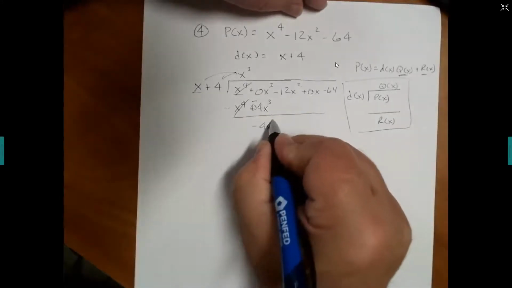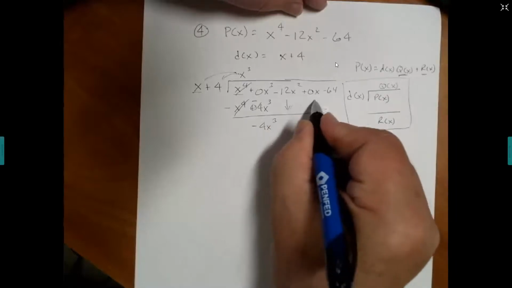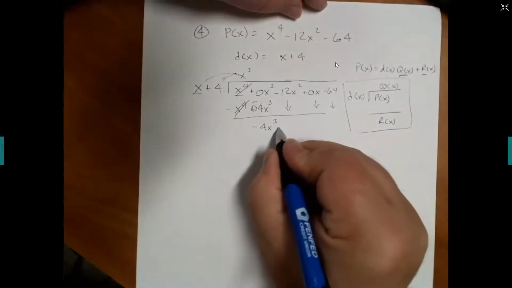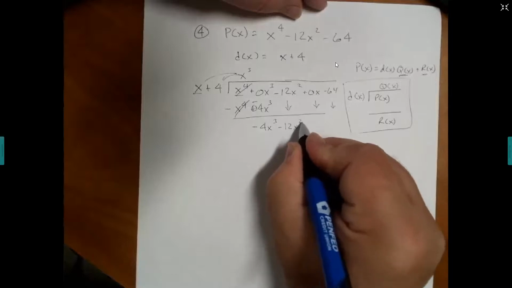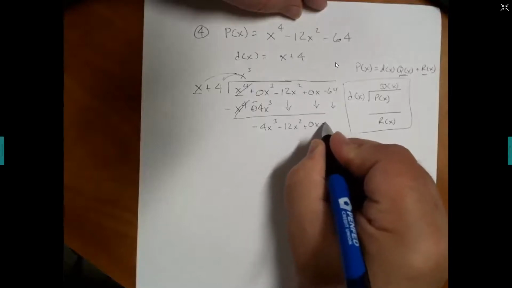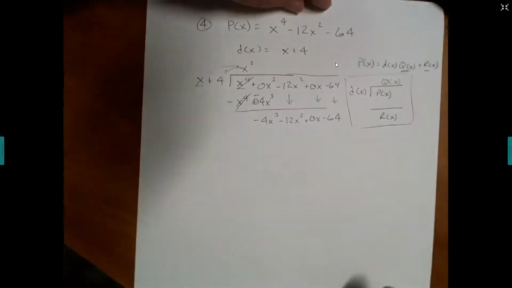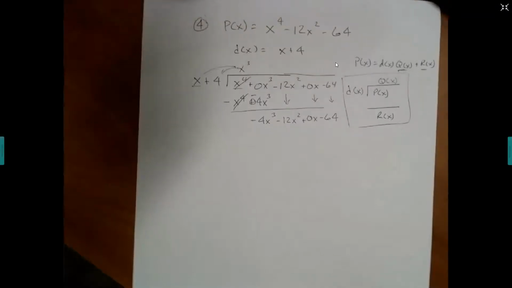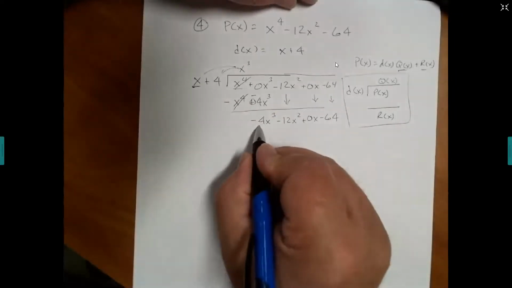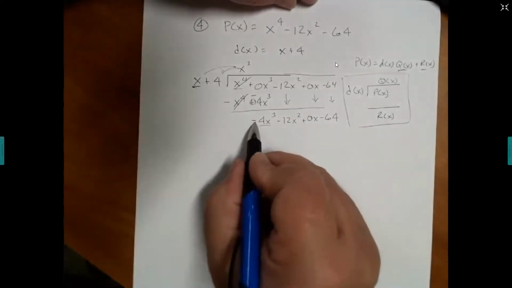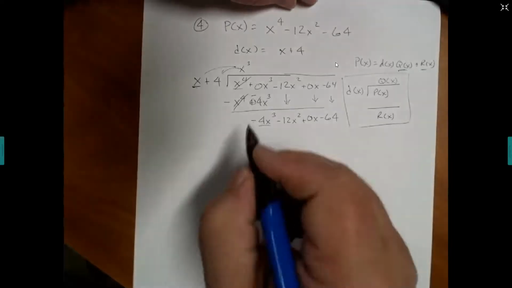So negative 4x cubed. And bring down everything else. Repeat the process. Look at leading terms. What times x gives me negative 4x cubed?